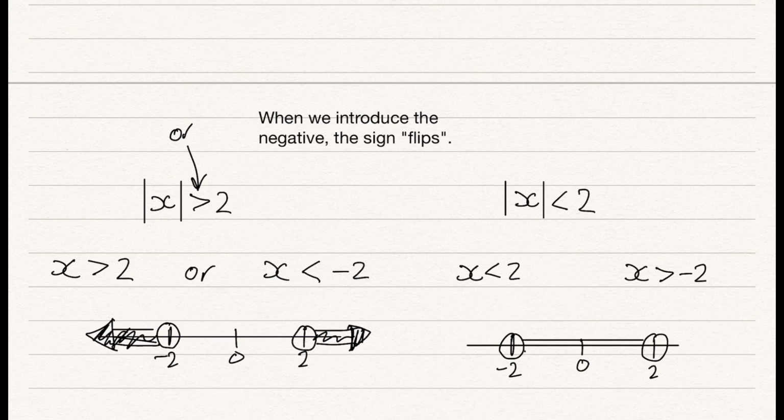So these connect like this. We call this an AND statement. So we have a disjunction and a conjunction. When you have that less than symbol towards the absolute value, that is an AND statement.